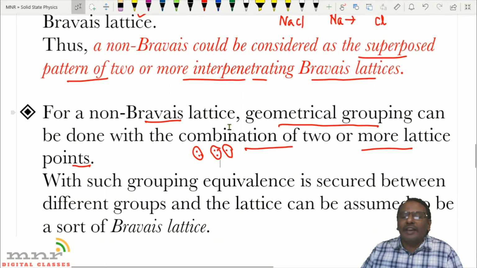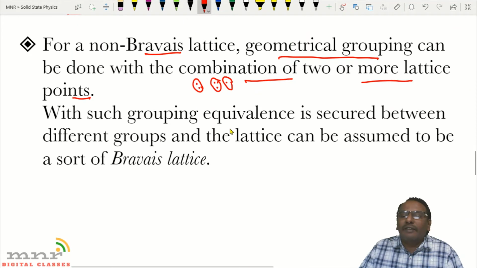The non-equivalence of the lattice points can be converted into equivalence by treating two or more space lattices as a single unit.